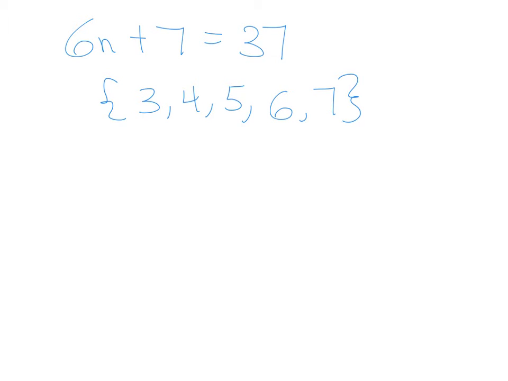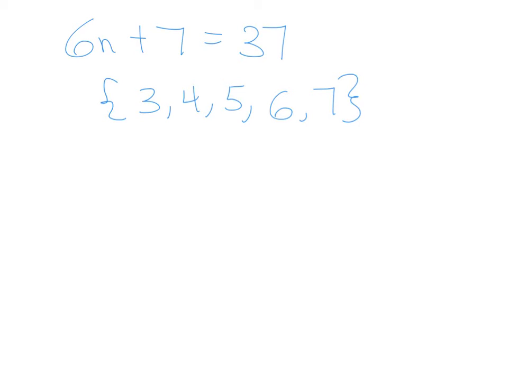These are the values that we can replace n with in order to figure out what the solution set is. Typically we'll have brackets around both the replacement set and the solution set. One way to tackle this is to guess and check, because that might go a little faster.